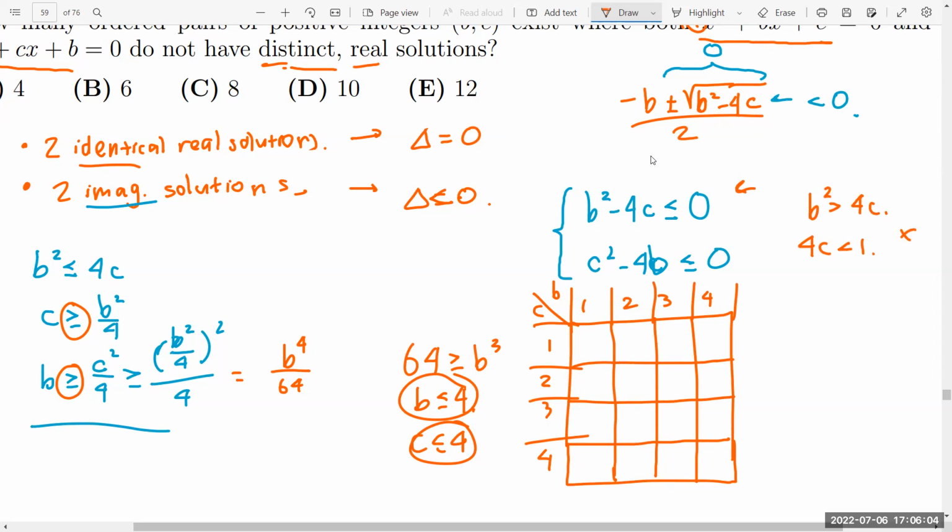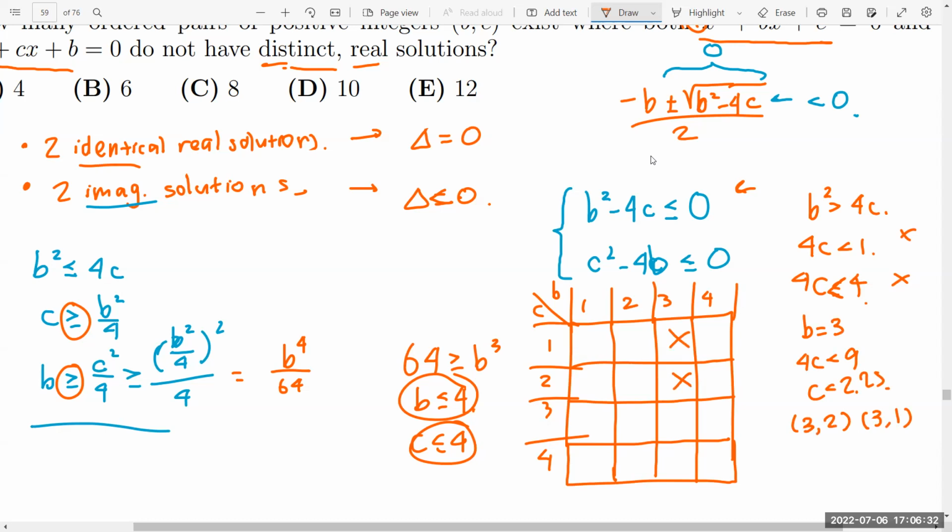If b is 2, then 4c is less than 4, so c is less than 1, also no solutions. So this doesn't take out any cases, but if b equals 3, then we get that 4c is less than 9, or c is less than 2.25, which means that the cases where b is 3 and 2, or 3 and 1 are both bad. So we just take those out quickly.